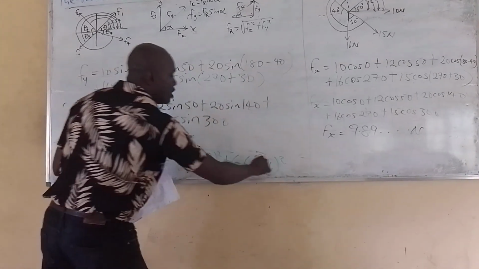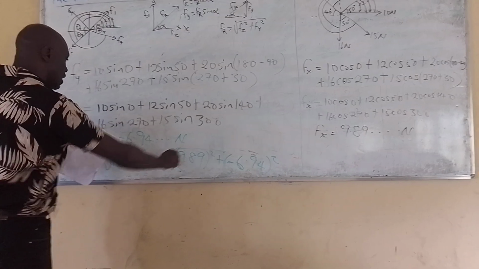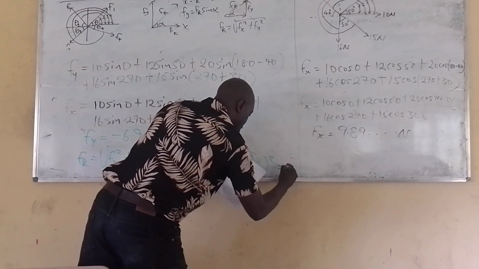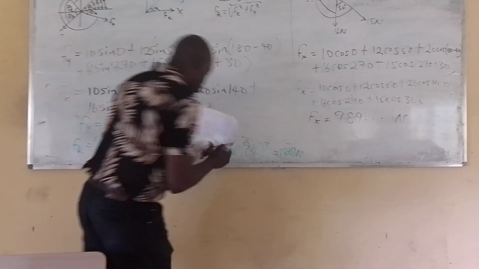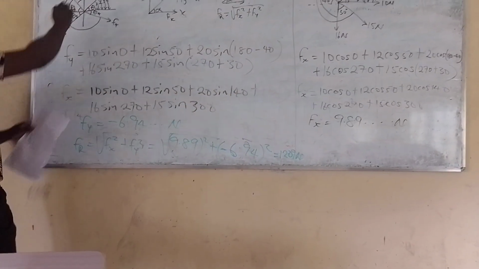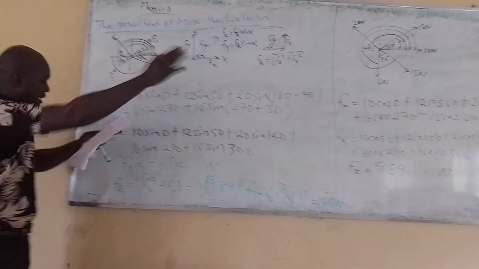When you are squaring, the minus will go, okay? So at the end of the day, you square it, you find the square root, and it will give us the final answer to be 12.09 Newton, okay? It means that that's the singular direction, that the ball that was acted on from every angle, that's the direction it will take.